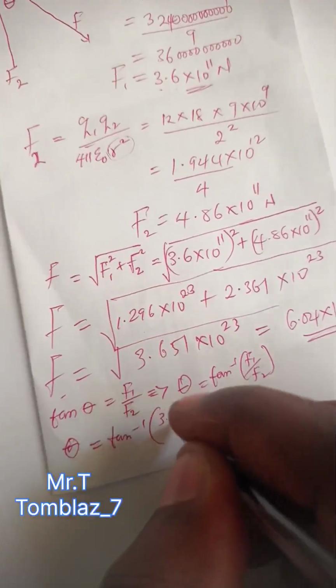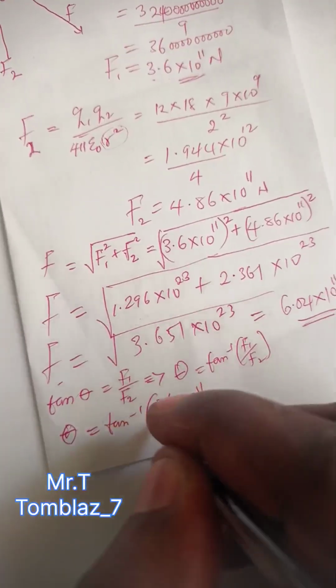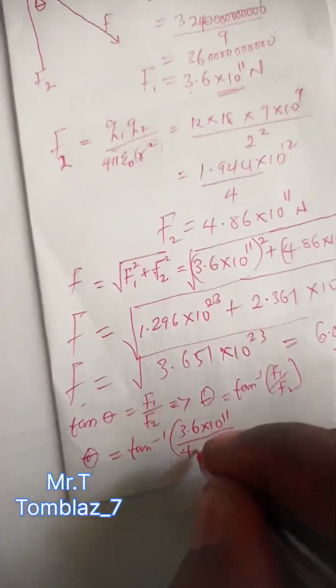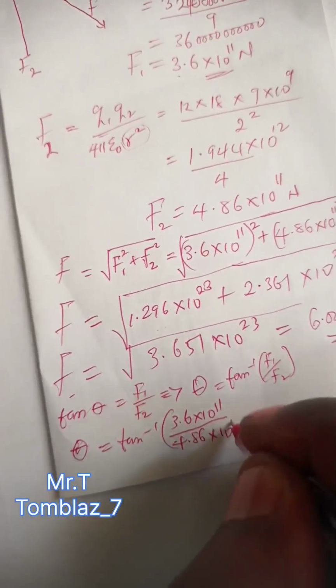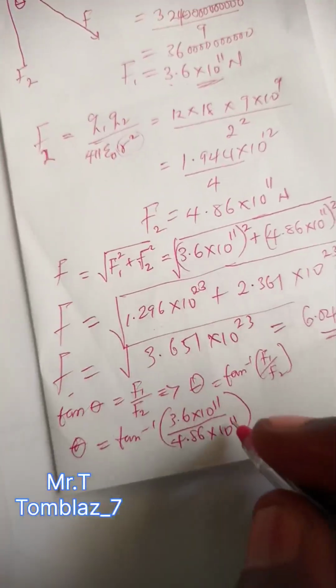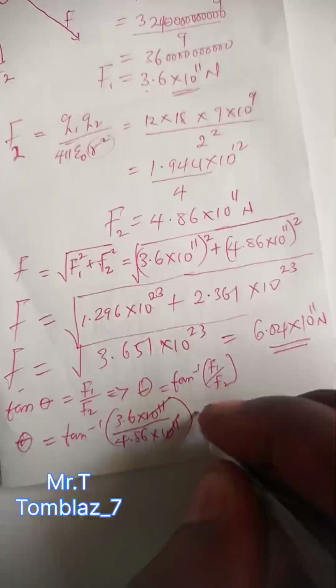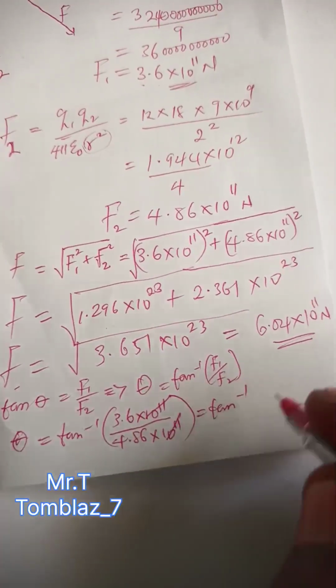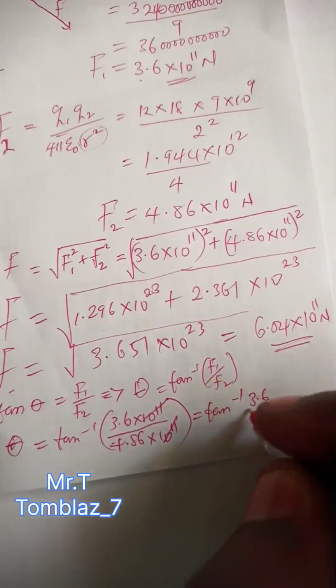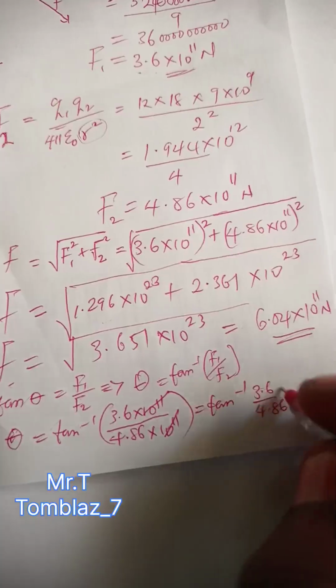F1 is 3.6 times 10 raised to the power 11 divided by F2, 4.86 times 10 raised to the power 11. To make this simple, this 10 raised to the power 11 can cancel out. So we have tan inverse of 3.6 divided by 4.86.